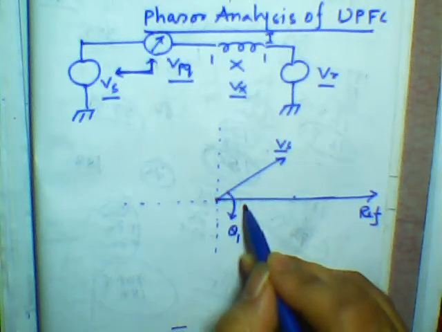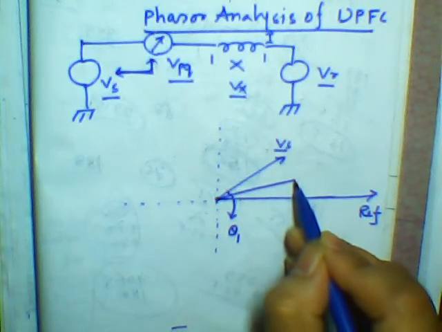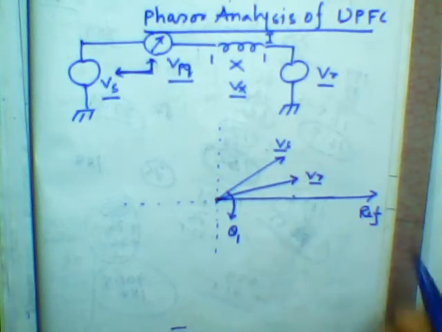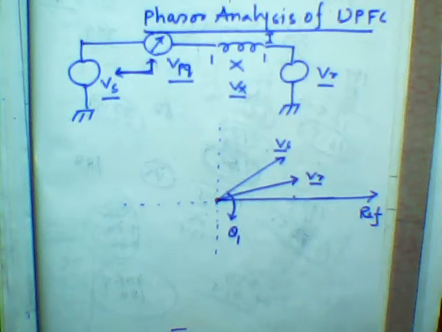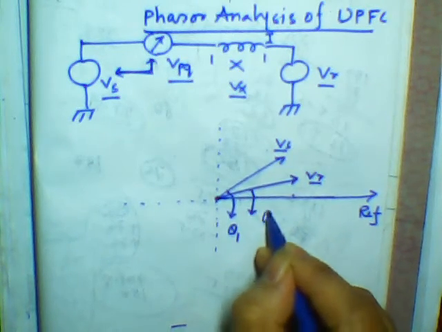The amplitude of the receiving end voltage, we are considering, is not changing. So this is your receiving end voltage phasor, and this angle with the reference is θ2.